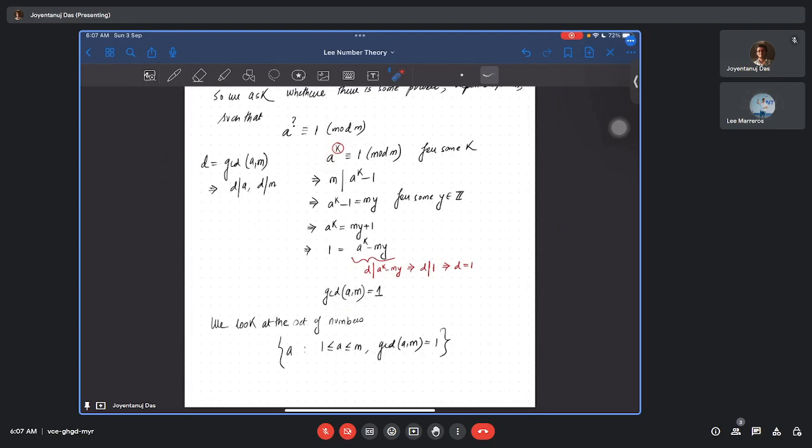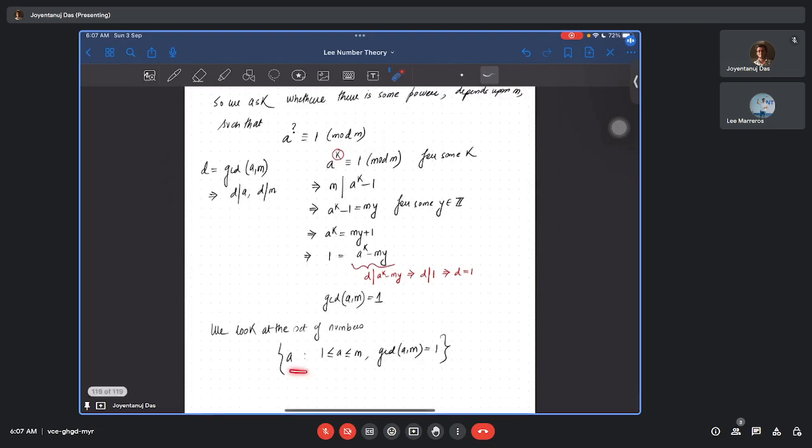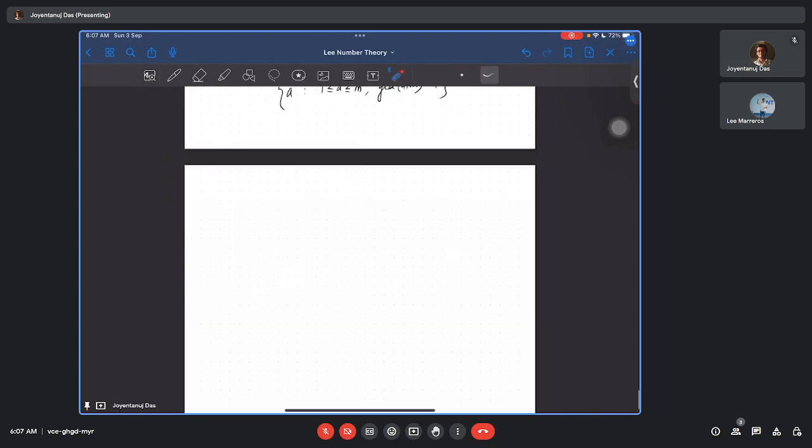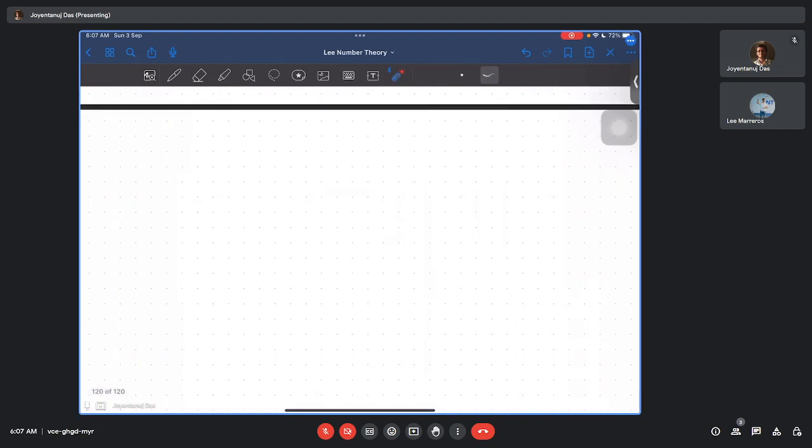So let us see for some small values of m what is the list of these numbers that are co-prime. Suppose we have m on one side, and on the other side we have this collection of a such that 1 is less than or equal to a, less than or equal to m, and GCD of a and m equal to 1.